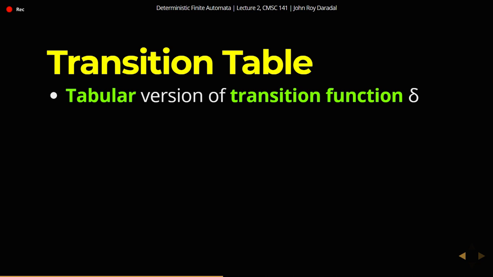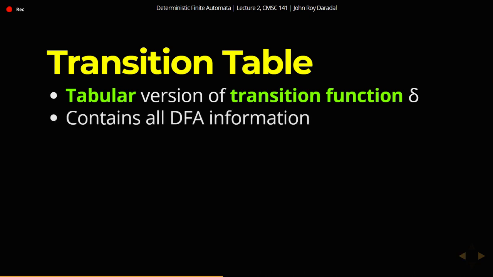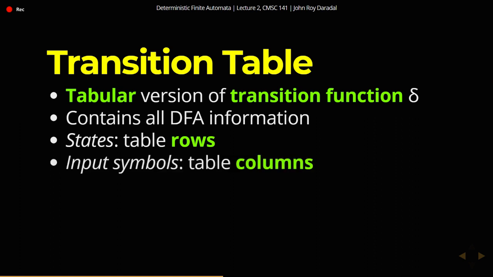Let's take a look at the other notation for DFA, which is the transition table. The transition table is a tabular version of the transition function delta. So it contains all the DFA information in this one table. We'll write all the states in the table rows, and the input symbols will be our table columns.